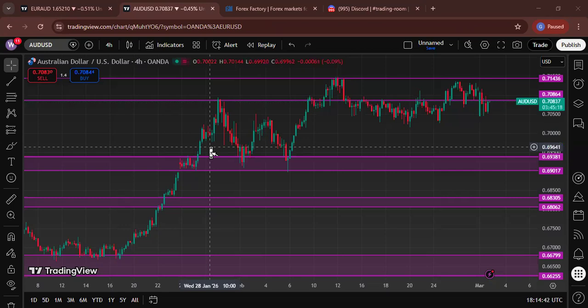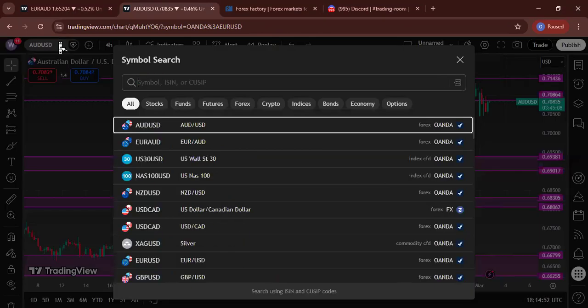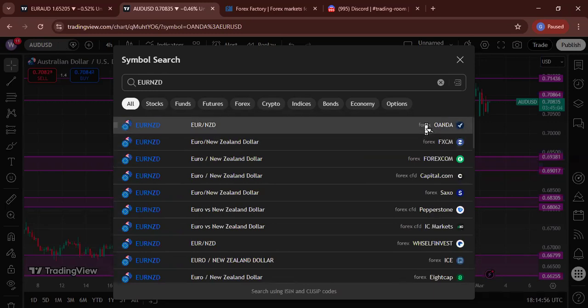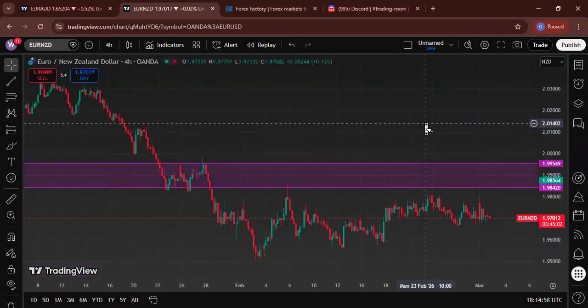When it broke supply, we never got a retest. So the 700 pips... Oh yeah, Euro NZD, but let me see. It has been pushing back up, consolidating. Is there anyone who took the trade?